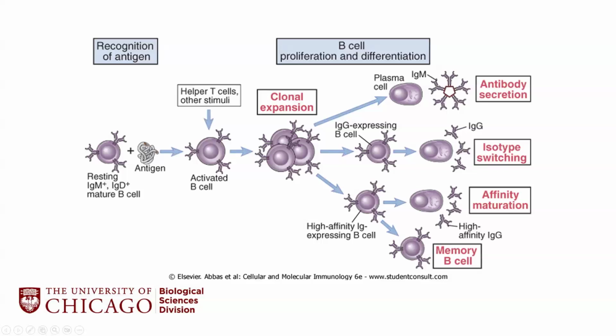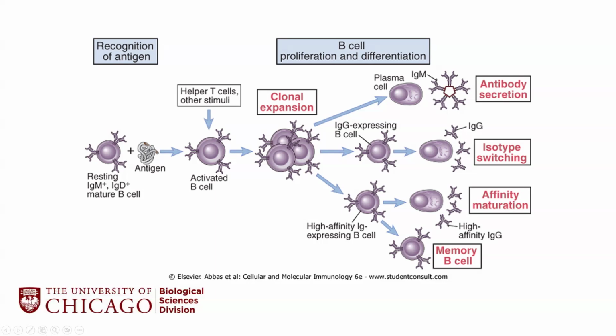Remember first, the activated T cell will come and activate the B cell. And then you get this clonal expansion, which is the exact same B cell that divides. And then it can become a plasma cell, so it's actually actively secreting antibody.